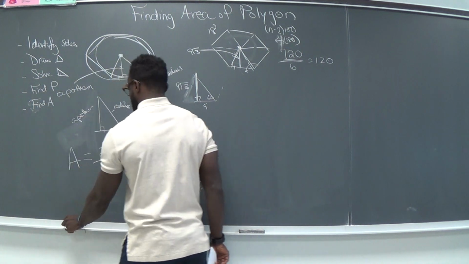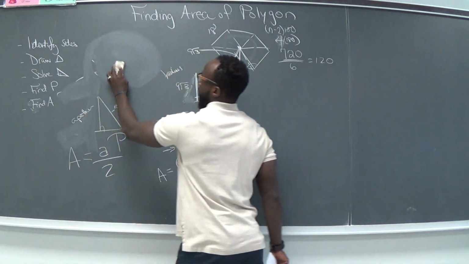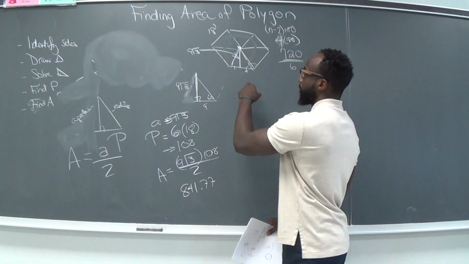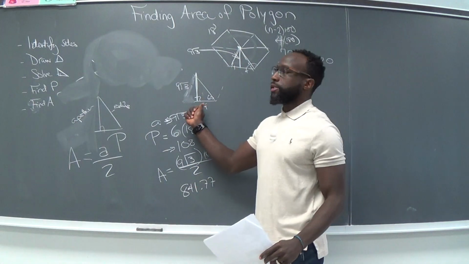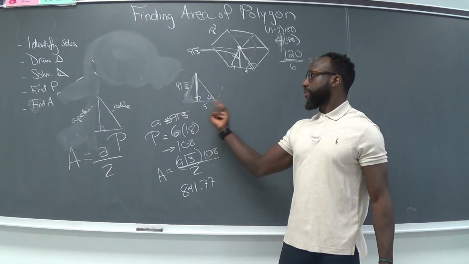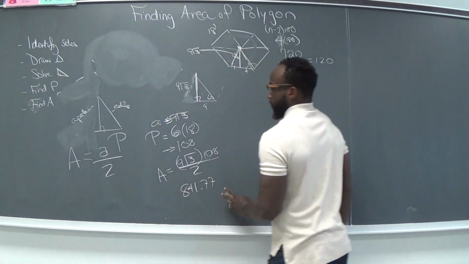So we identify sides, what's given. We drew a triangle, and then we solve for the right triangle enough to find our apothem, or your base. We all good so far?